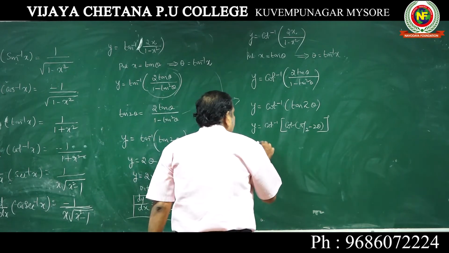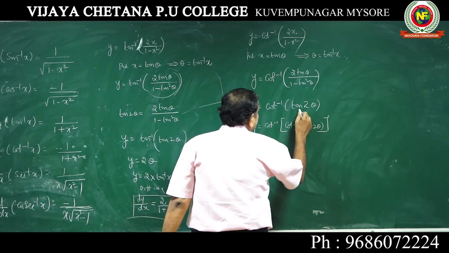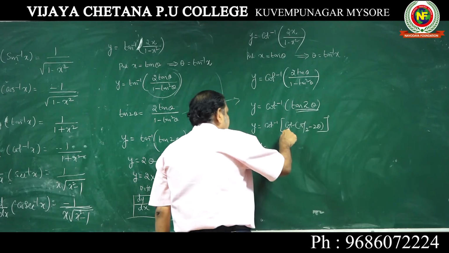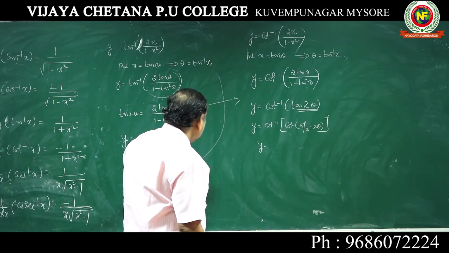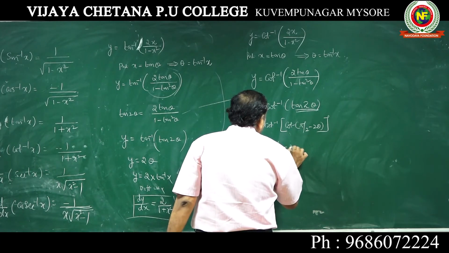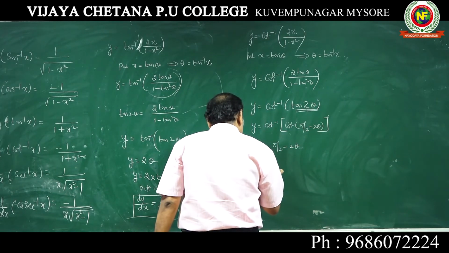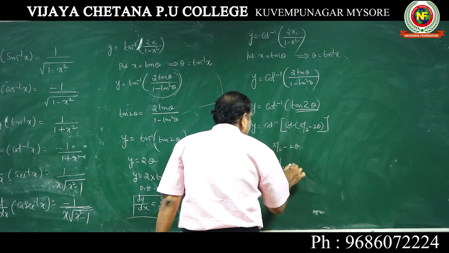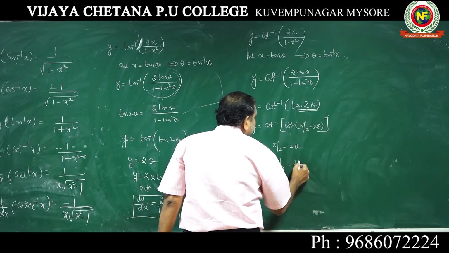Now tan 2 theta should be written as cot, and then you should apply the formula cot inverse of cot x. It is pi by 2 minus 2 theta, or it is pi by 2 minus 2 into theta.